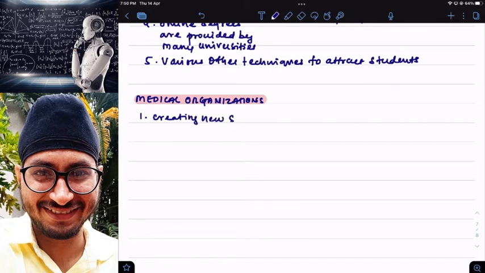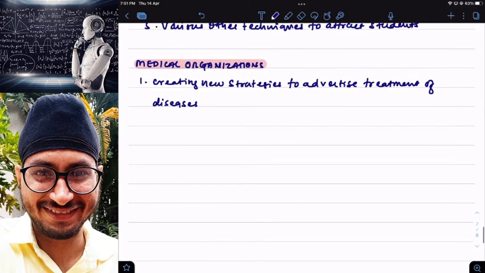They are creating new strategies here to advertise treatment of specific diseases. Like, let us say, for example, cancer. A hospital will advertise best cancer hospital in India, or best heart hospital in India, something like that. They are nowadays advertising, right? Why? They want to get more and more patients in their hospital to run their business.